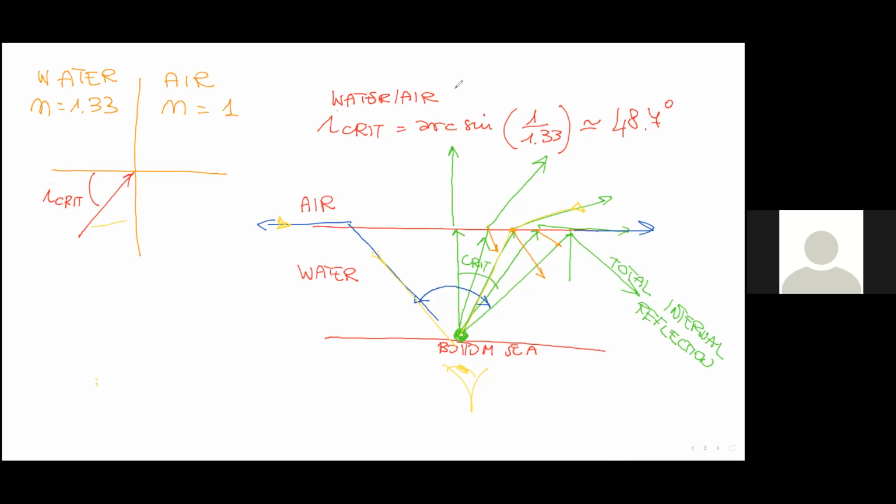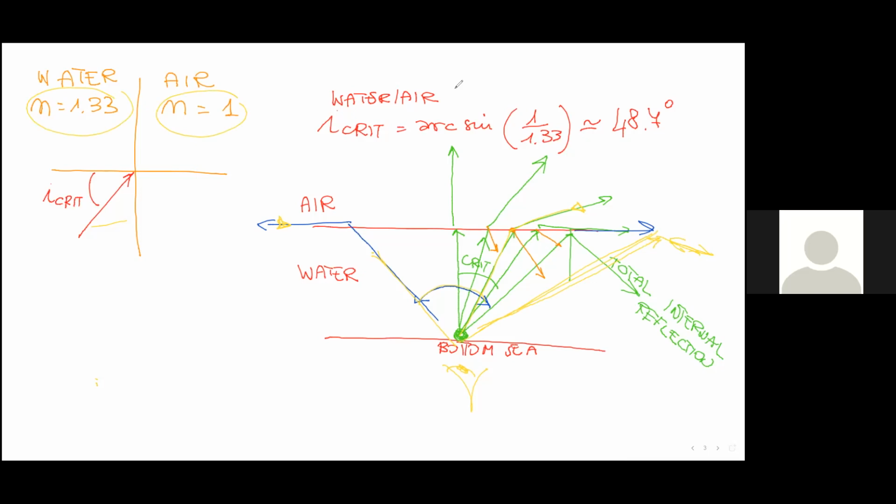Because if you are watching in this direction, if you are sending light in this direction, this will be totally internally reflected, and it is the same in this direction. So what is outside this cone for you is the total internal reflection coming from inside the sea. And everything is governed by the refractive indices of these two media here, water and air.